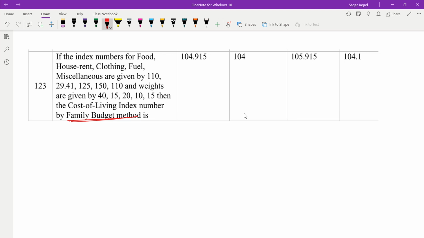That means to find out the cost of living index by the family budget method, you are supposed to use the formula of summation of WI divided by summation of W. So what is summation of WI? Again, you are supposed to use a similar concept, and let me know in the chat box what is the answer for this question. Summation of WI divided by summation of W, that is nothing but the family budget method cost of living index.